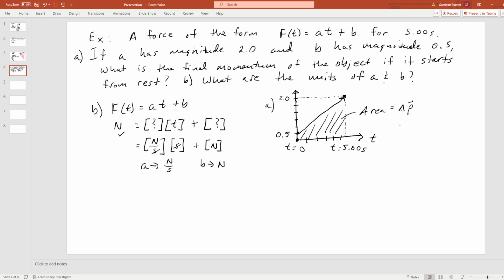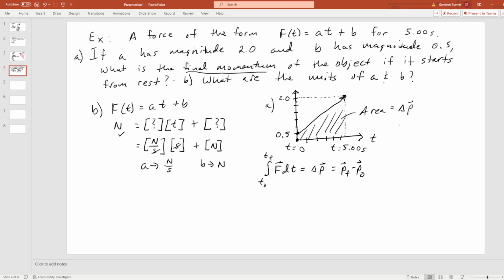And so to find the final momentum, we recognize that the integral of F dt is equal to delta P. And delta P is, of course, P final minus P initial.